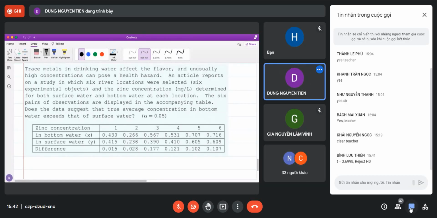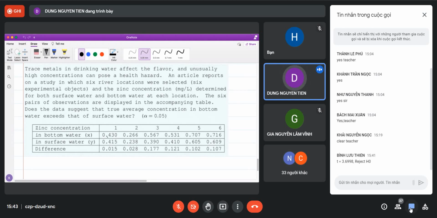In this case there are six observations for each group, right? And you see that the concentrations at the same location in bottom water and in surface water may be correlated, right?